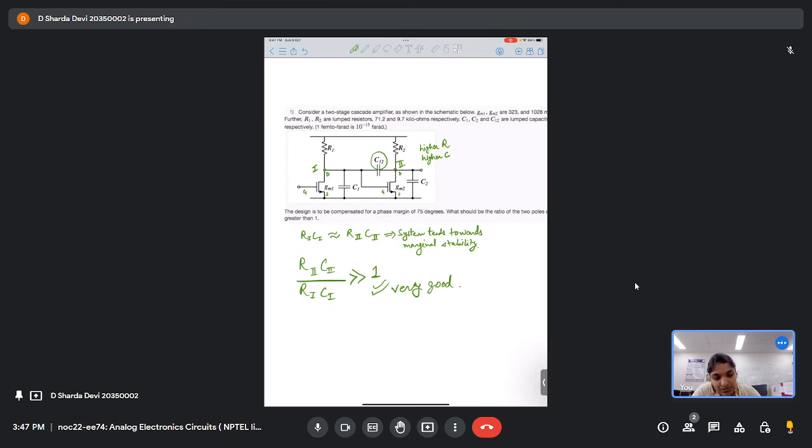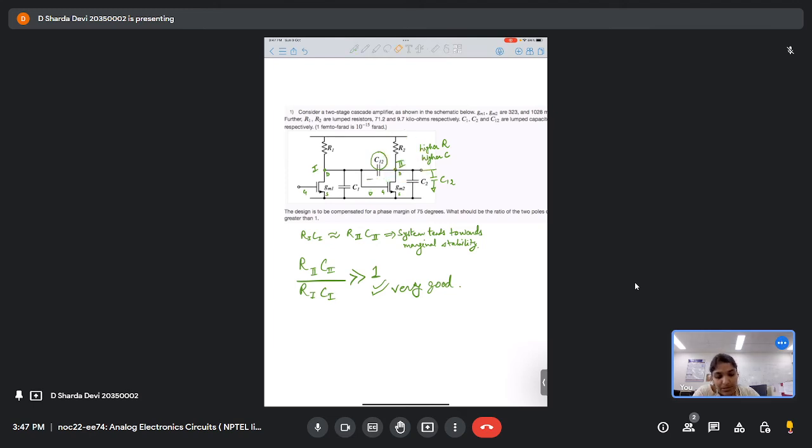This will come here as 1 minus gain times C12, whereas here it will appear as simply C12, very close to C12. So here we can definitely see that the capacitances are not equal at these two points. But is there a way through which we can further separate these two poles?